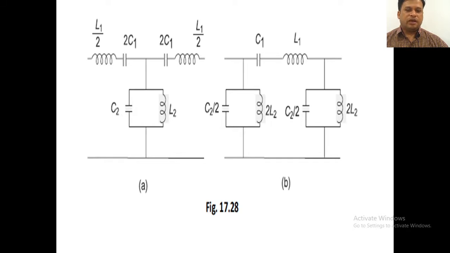This is the figure. We are seeing here an inductor and the capacitor 2C1, and the capacitor 2C1, L1 by 2, C2 and L2. These two are the figures of the T section and pi section.